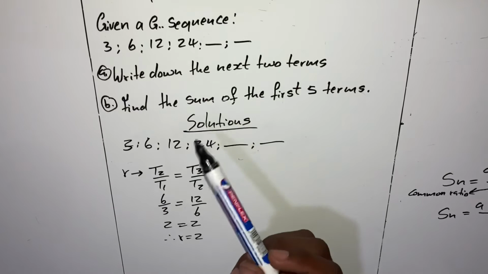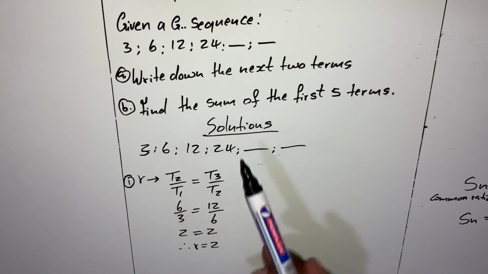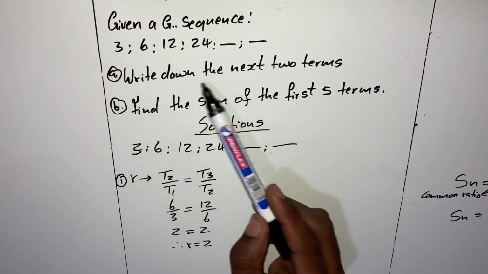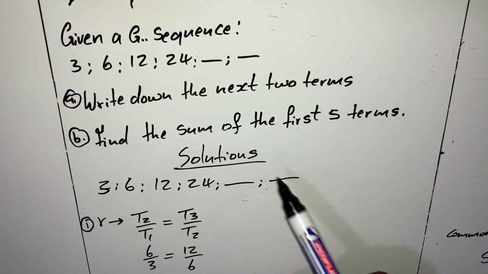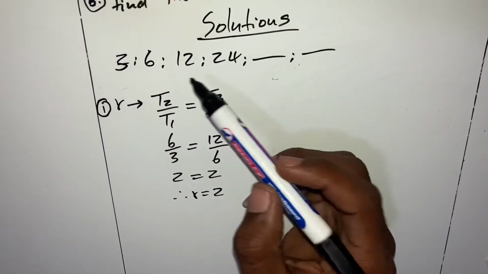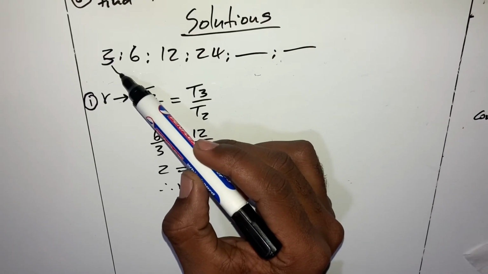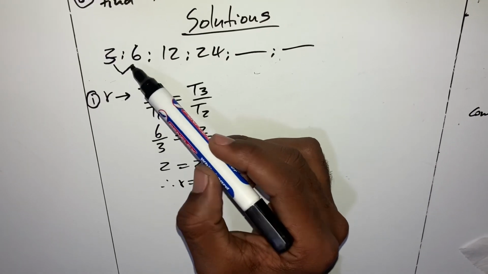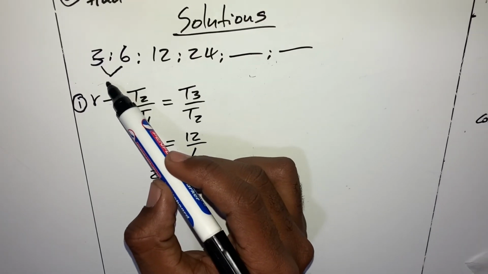So this will be like our Roman figure 1 in answering A, where we are required to write down the next two terms. Our common ratio is 2, meaning that moving from the first term to the second term, we used our ratio as 2.